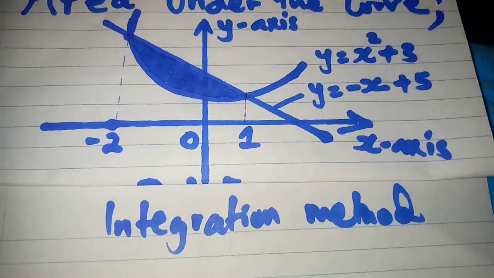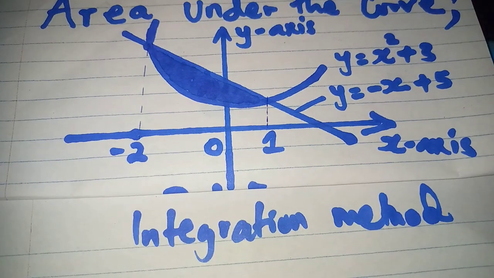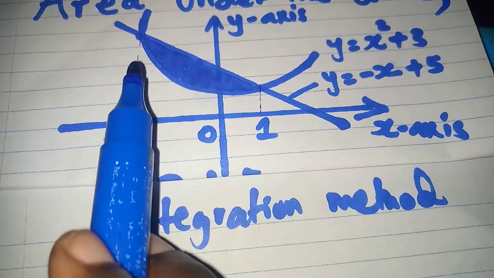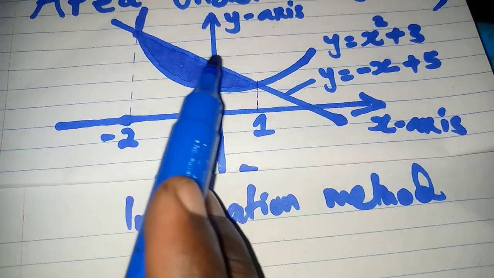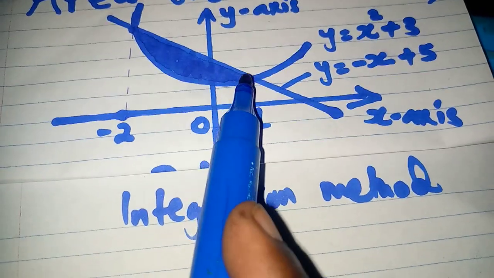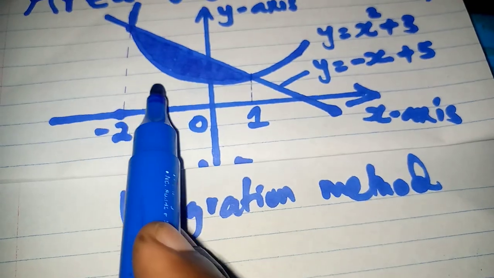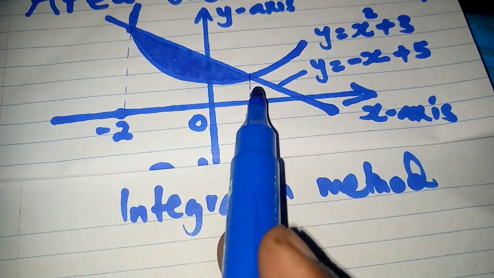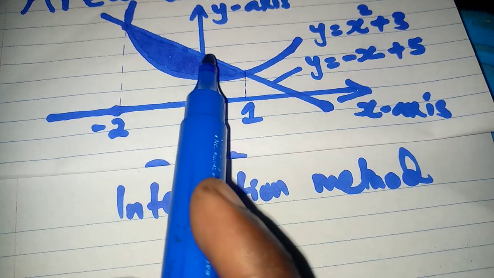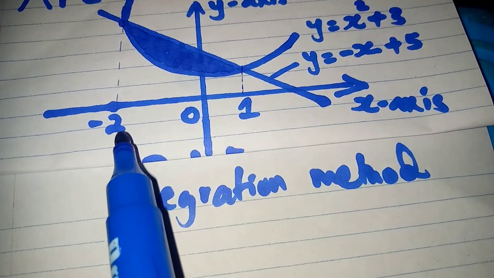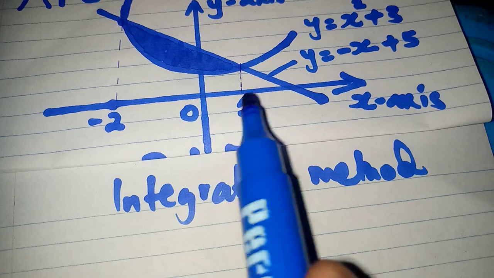So using the integration method, this is a straight line, so integration will give me the area under this line, from negative 2 to 1.